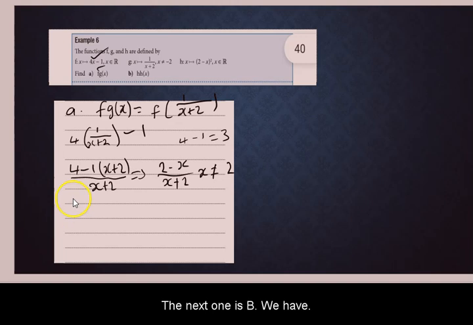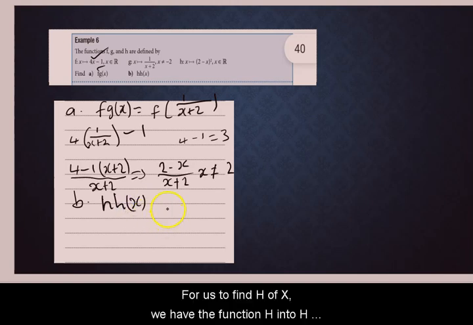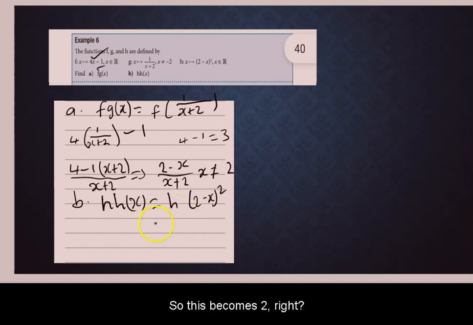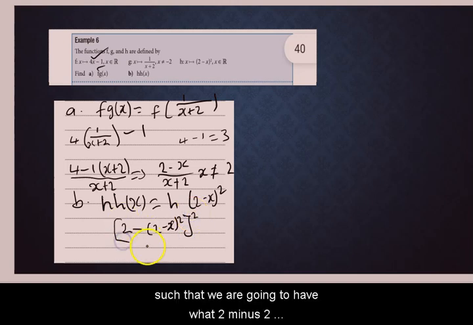The next one is B. We have to find h of x. For us to find h of x, we have the function h into h of x, which is (2 minus x) squared. Right. So this becomes 2, right, for h, minus the x squared.